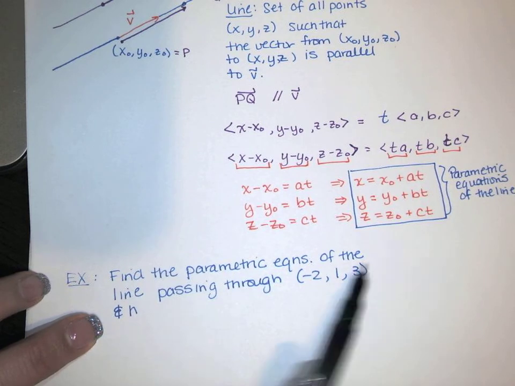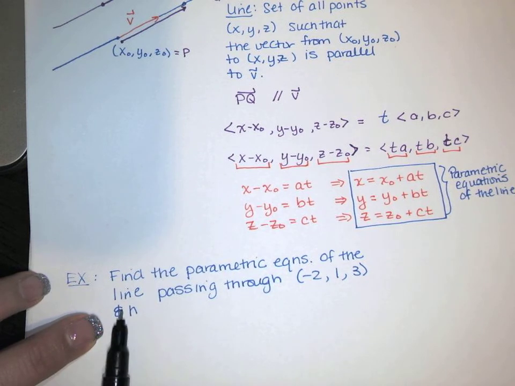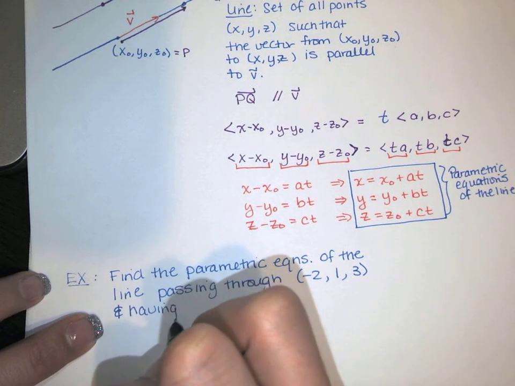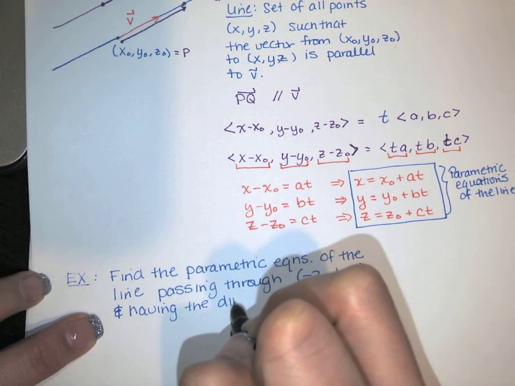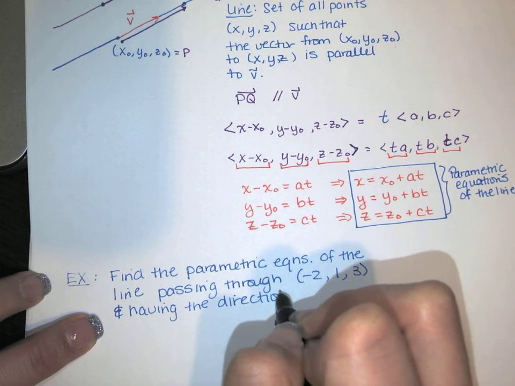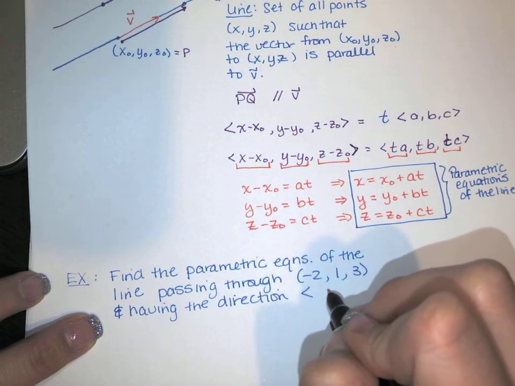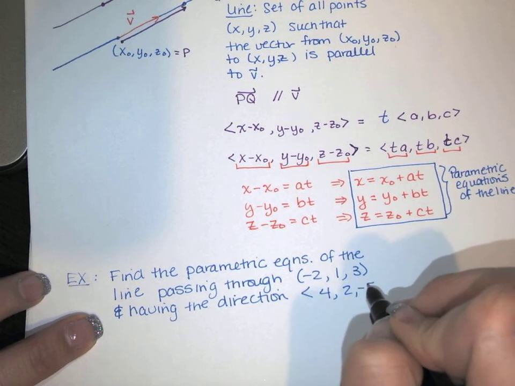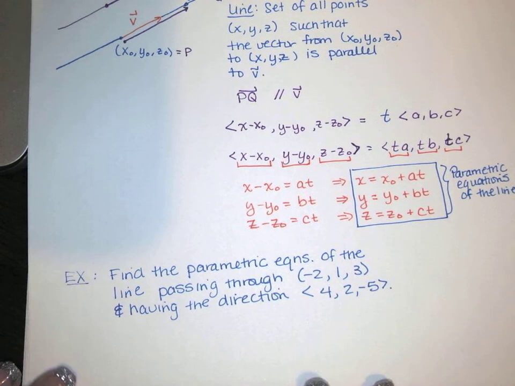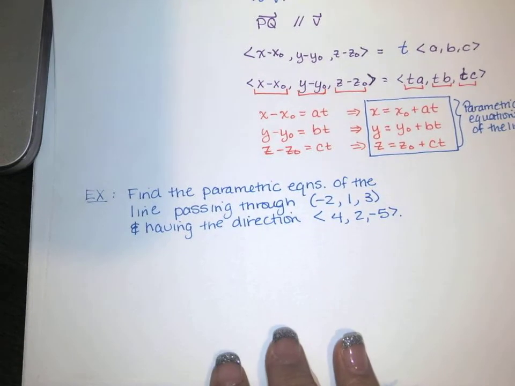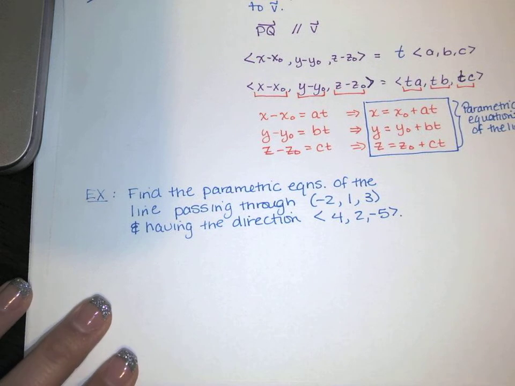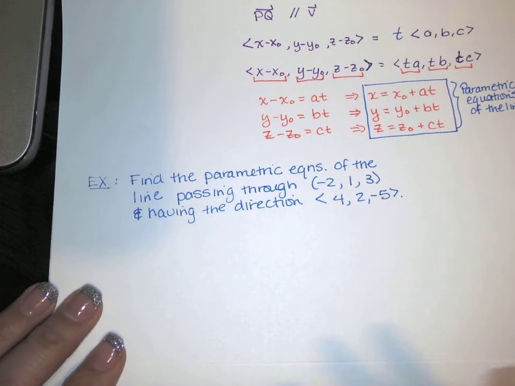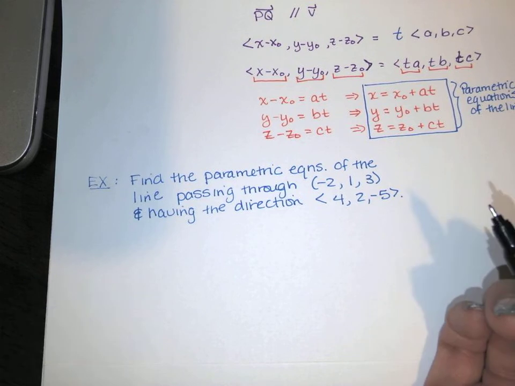So I want to find the parametric equations of the line passing through this point and having, I guess, the direction vector, let's say, (4, 2, -5). Okay, writing down the parametric equations is very easy. After we write this down, we're going to talk about it a little bit, and we're going to look at our graphs to make sure that we truly understand what's going on.